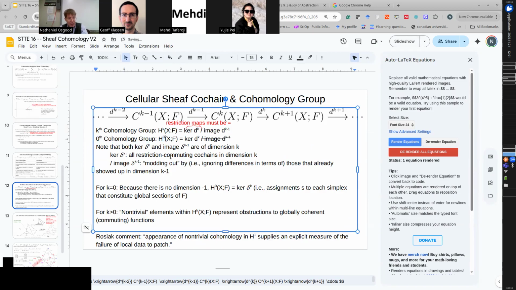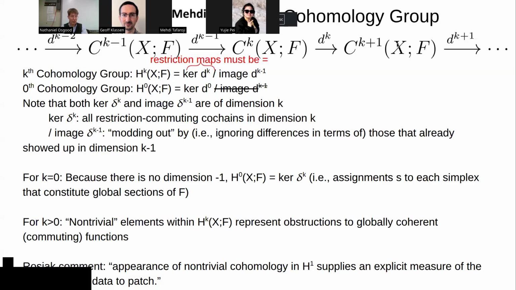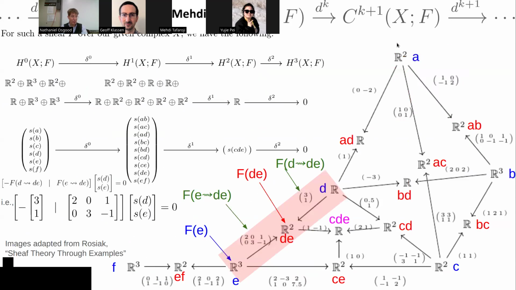We get this, we get this, and what is that giving us? Yeah. Boundary matrix actually is just a subspace of zero cochain. That is correct.